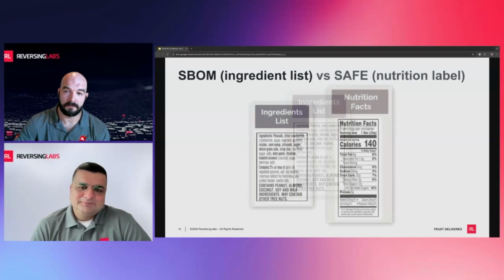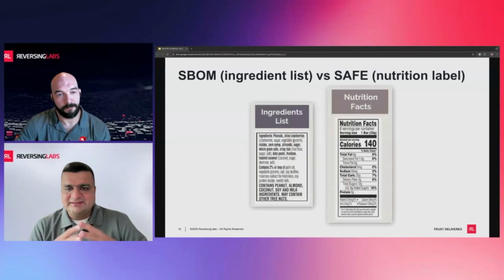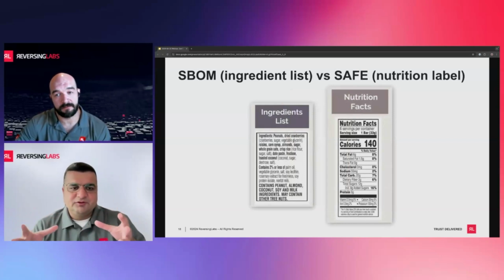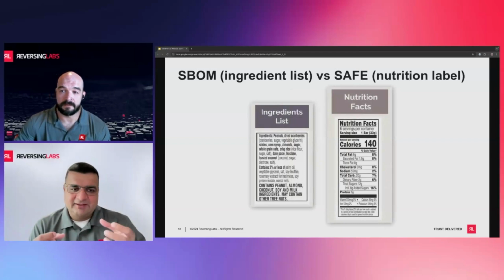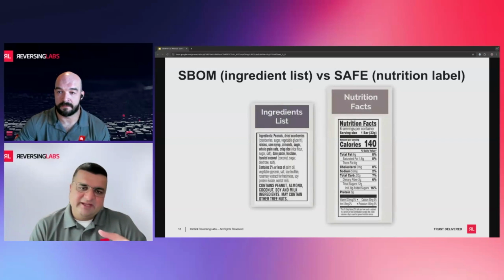Next slide, please. The easiest way to think about SAFE is as a detailed nutrition label that you find on your packaged cupcake, but with the added layer of safety inspection.